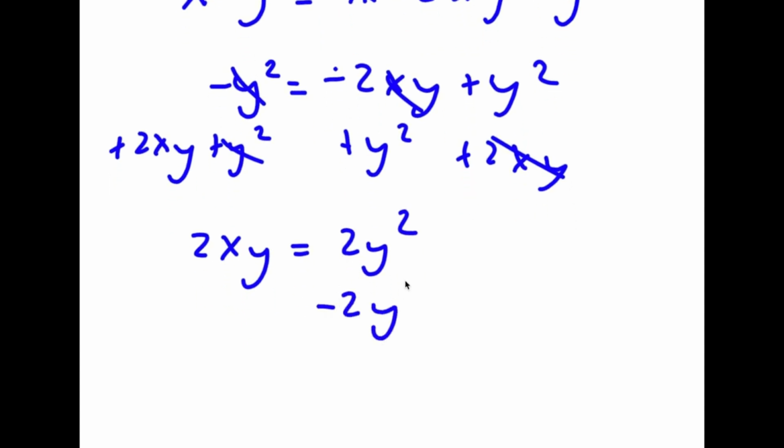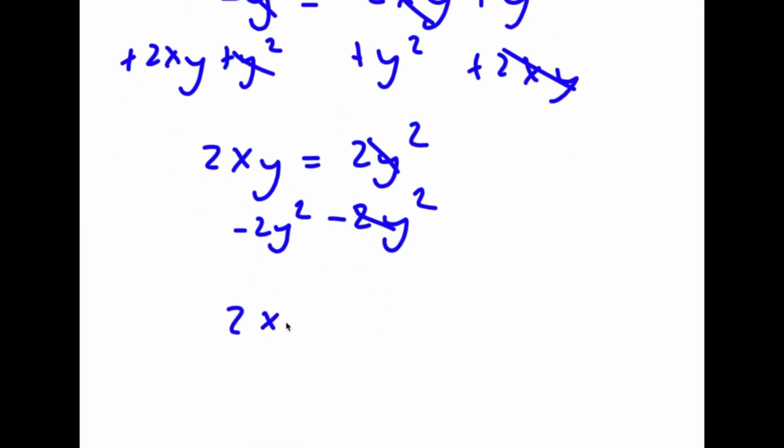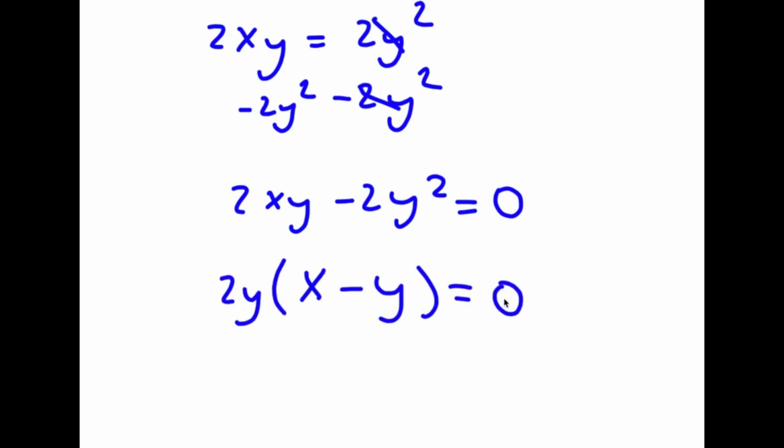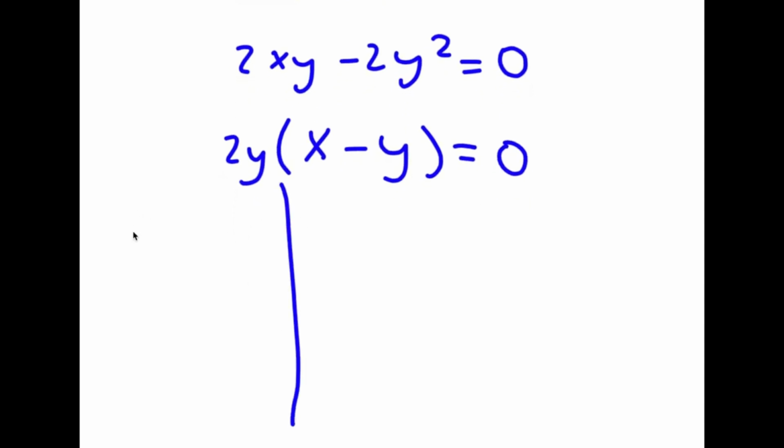Now I'm going to subtract 2y squared on both sides. These two cancel out, and I get 2xy minus 2y squared is equal to 0. Now I can factor out 2y. So now I have 2y times x minus y is equal to 0. So now this gives me two equations. I have 2y is equal to 0, and I also have x minus y is equal to 0.